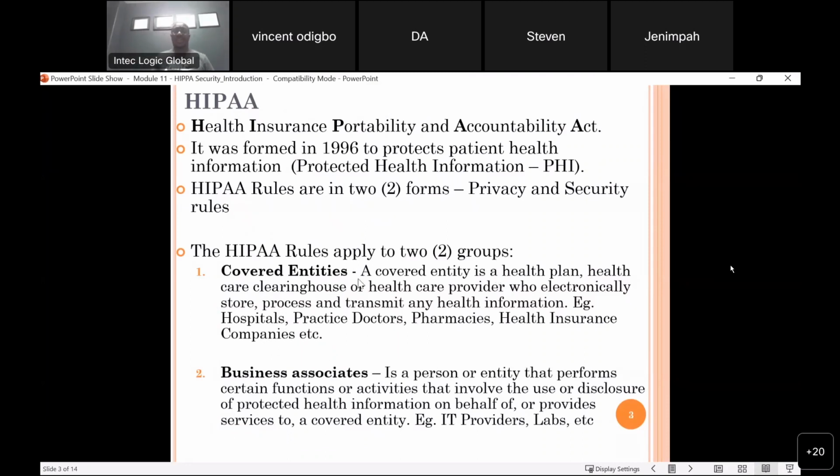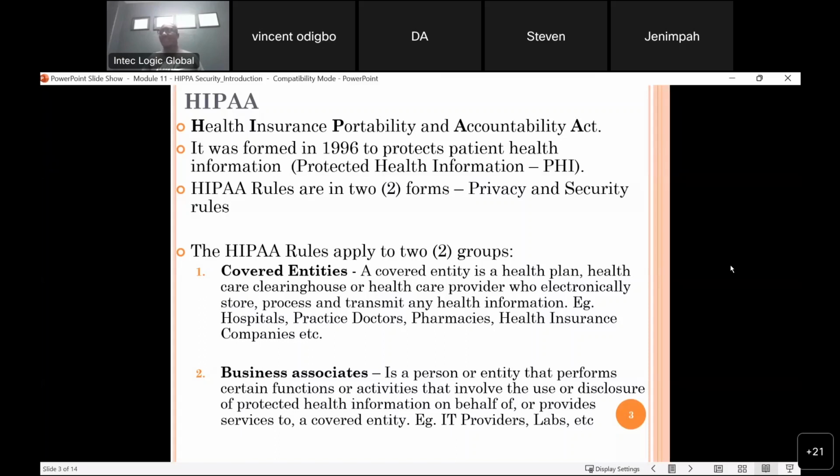Health Insurance Portability and Accountability Act, that is HIPAA. Whenever you hear HIPAA, it's Health Insurance Portability and Accountability Act. This was formed in 1996 to protect patients' health information, popularly known as protected health information.